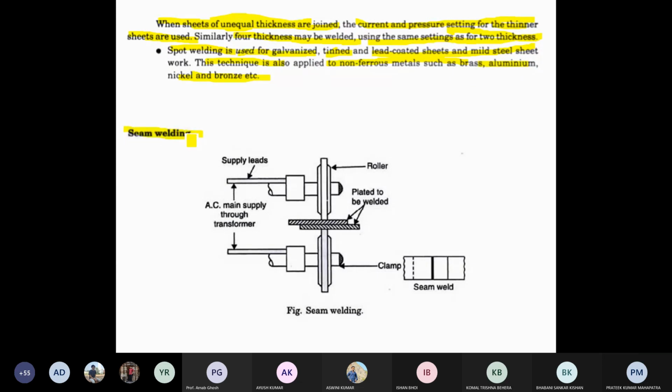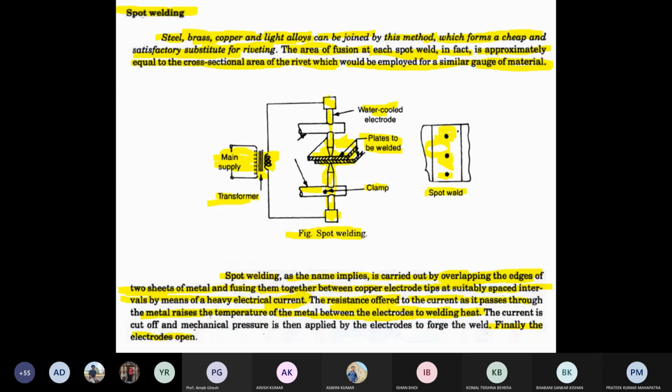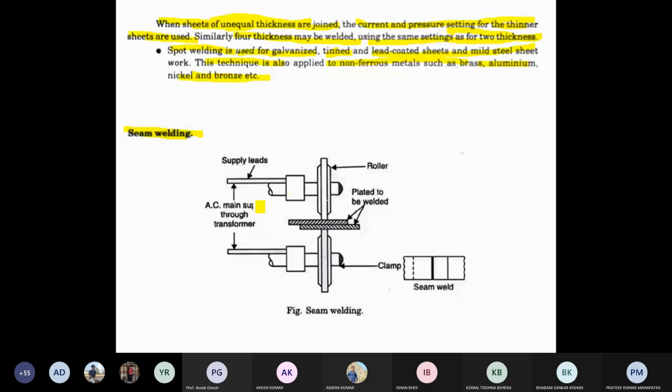From the diagram you can see seam welding looks like spot welding, but in spot welding the electrodes are tiny in nature, a very small focused electrode, whereas here the electrode is not so tiny.